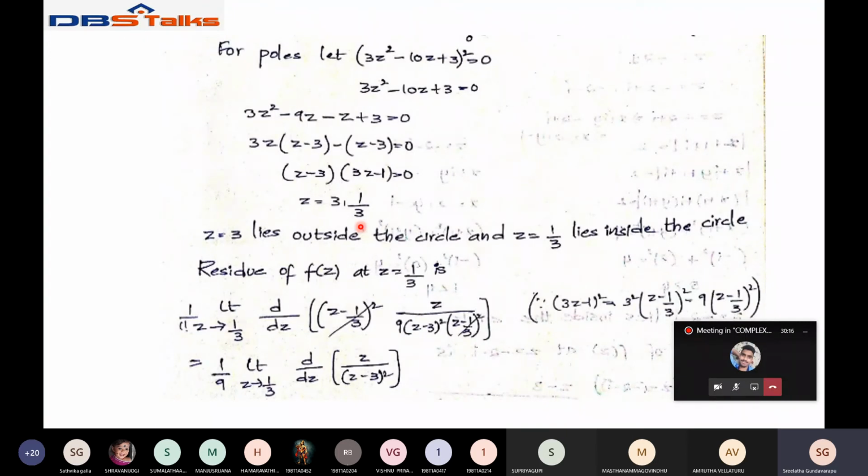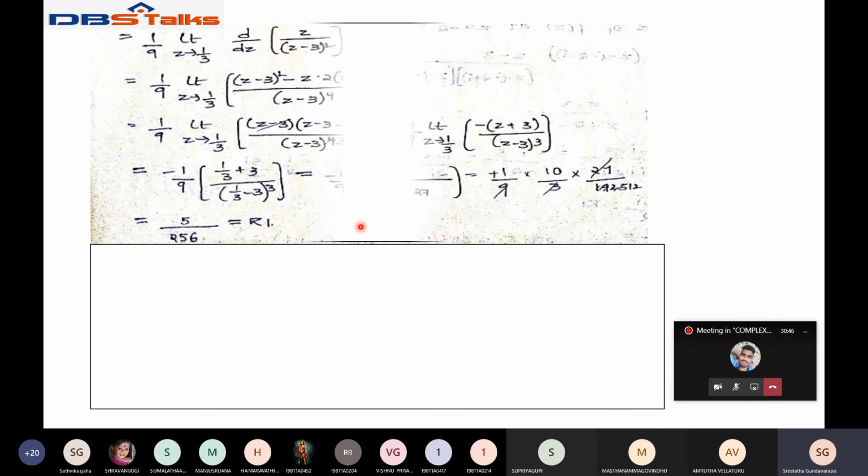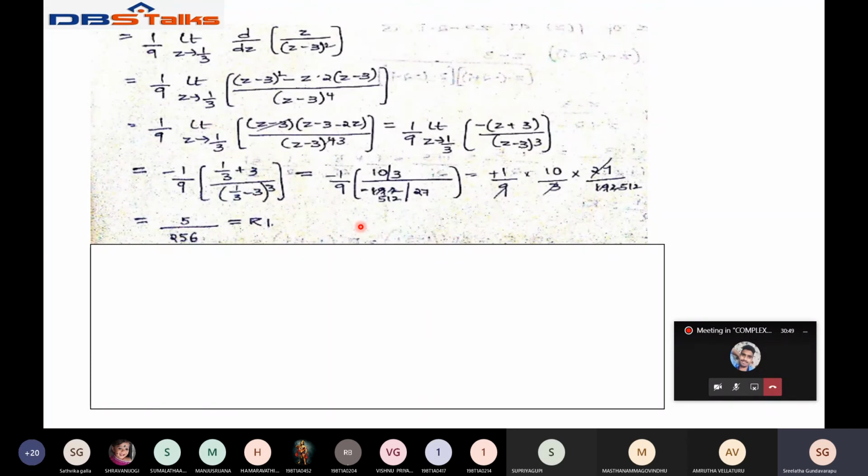So the formula is 1 by (2 minus 1) factorial, limit z tends to a, that means 1 by 3, d by dz of (z minus 1 by 3) whole square into z by 3 into (z minus 3) whole square into (z minus 1 by 3) whole square. That equals 1 by 9 limit z tends to 1 by 3 d by dz of z by (z minus 3) whole square.